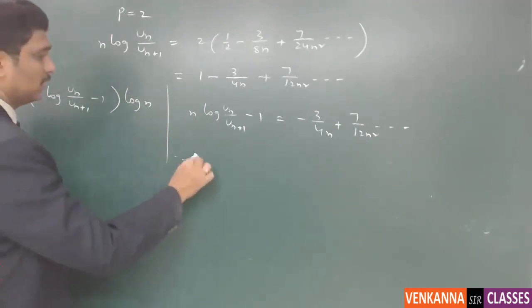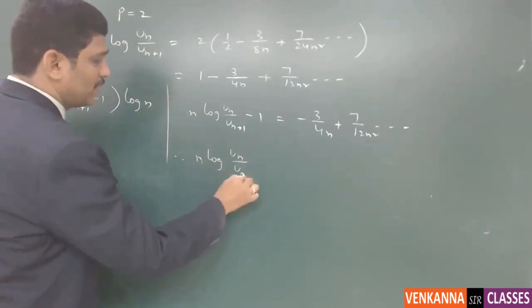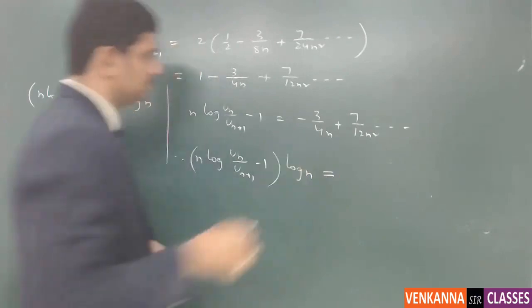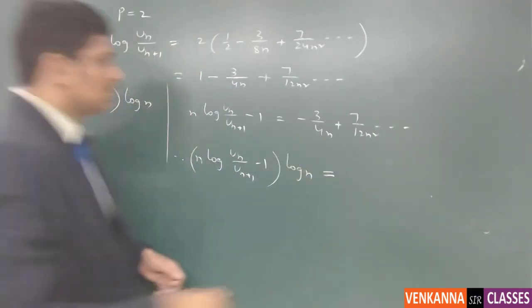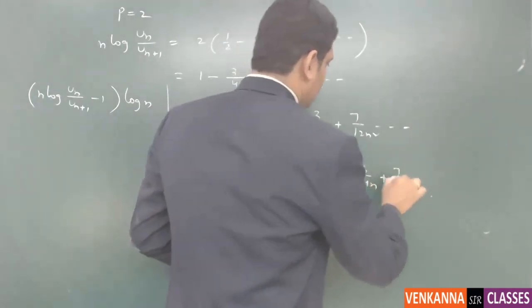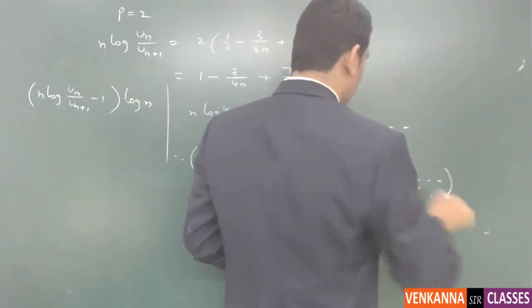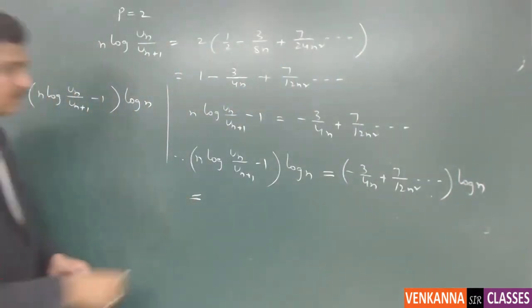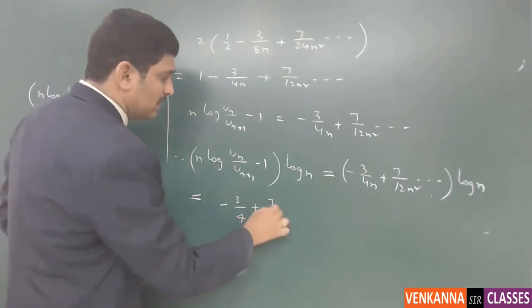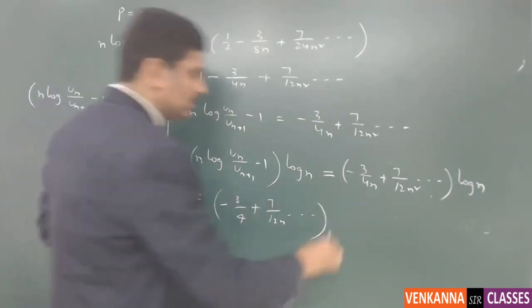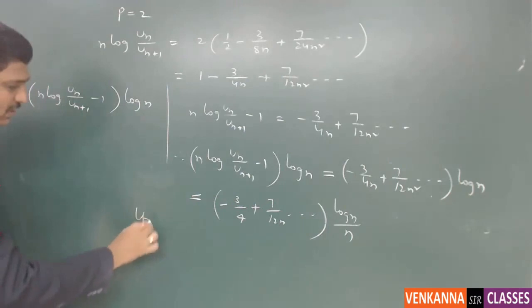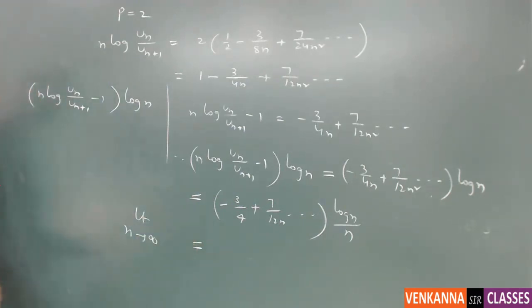So n into log of un by un plus 1 minus 1, of log n. If you consider the value minus 3 by 4n plus 7 by 12 n square, and so on, of log n. So if you take n common, minus 3 by 4 plus 7 by 12 n and so on, into log n by n. So for this, if you apply the limit, it will be equivalent to minus 3 by 4 into 0.